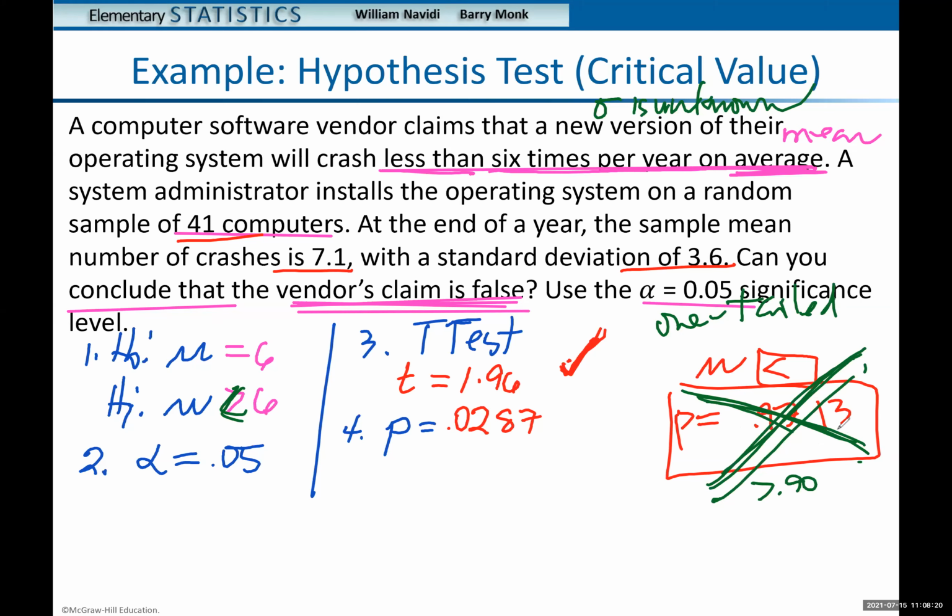All you have to do is change the symbol in your H1. When you try less than at first, maybe you didn't read the whole thing about the claim being false, because you see that it is less than. Mostly you will use less than here, right?